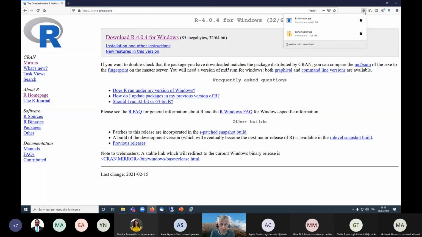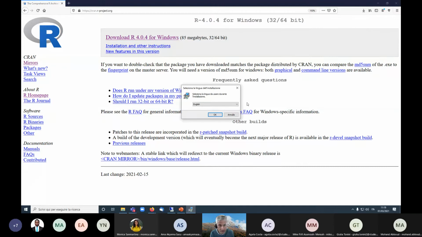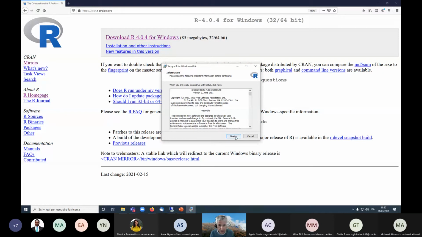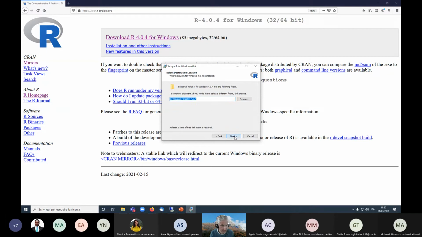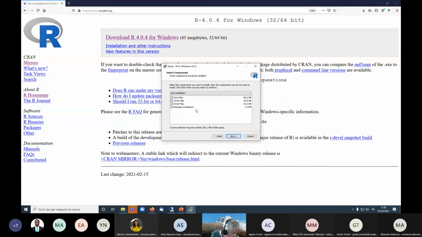And if you don't find it, just let me know. Now I click on the OK for the language. I accept the license. Next. And then there is the selection of the directory. Fine. Next. And then you see that there is the selection of the packages you want to install.